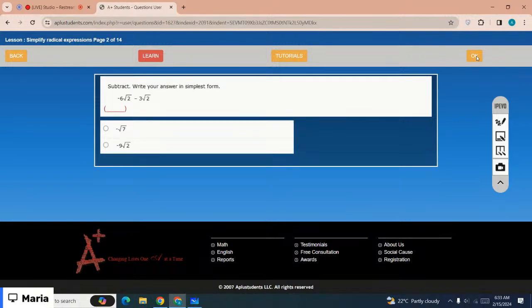Subtract, write your answer in simplest form. So which is the correct option? That is negative 6 square root 2 minus 3 square root 2. Again, they look like like terms because they have the same radical. So you can take the radical common and solve the rest of the things, right? You can take square root 2 common.